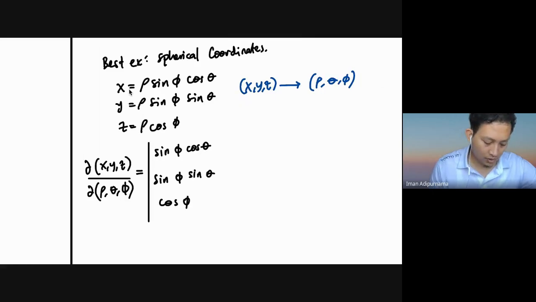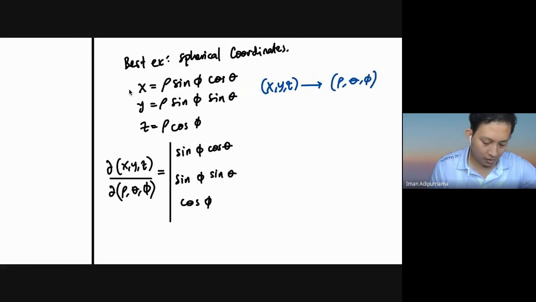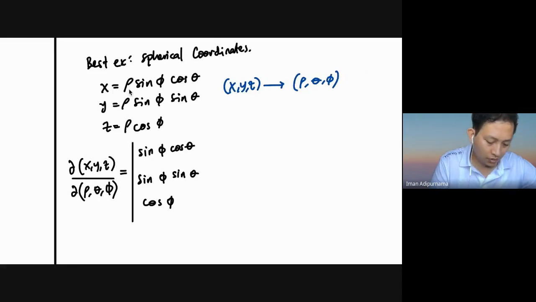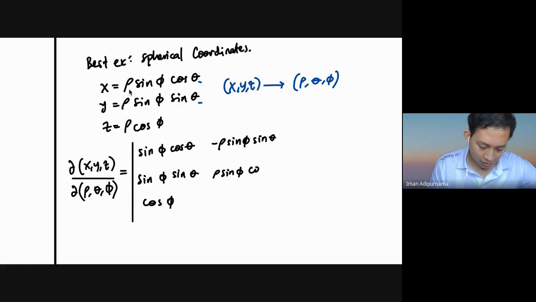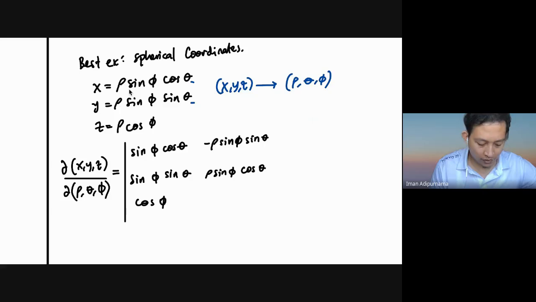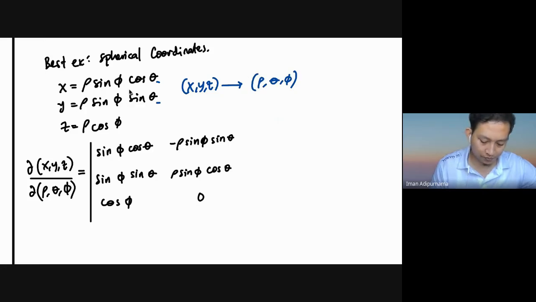And then the next one is dou x dou theta. So we need to differentiate theta. Okay, this will be negative because cos becomes a negative sign. Write all like that, and then this becomes positive and becomes cos theta. And z, because there's no theta there, it will be 0.